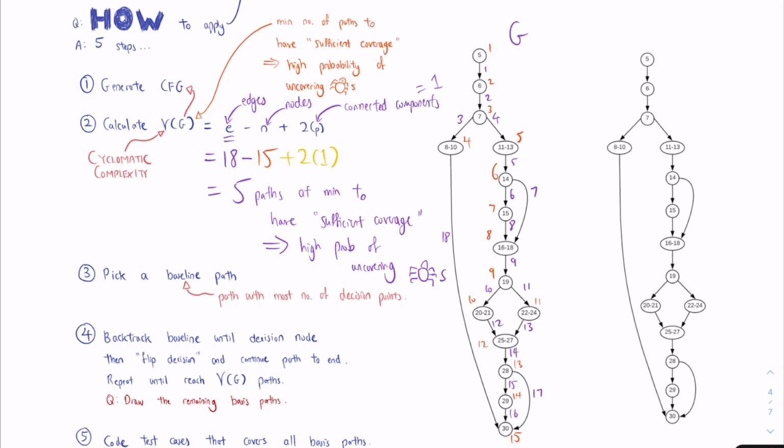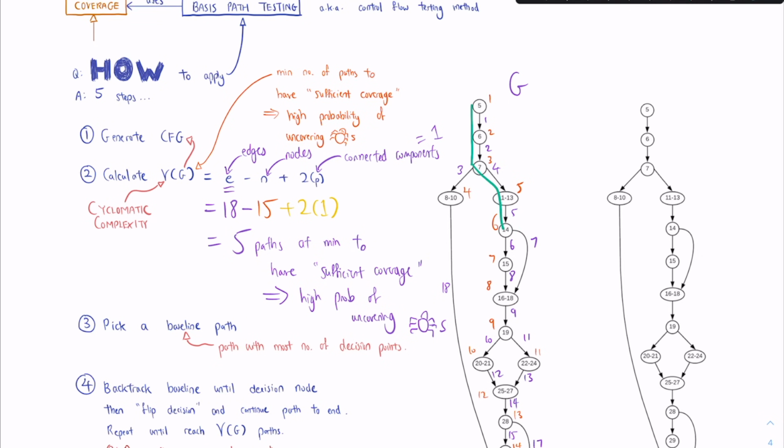For example, we can have this path starting from here. 7 is the decision point, so we choose the right side, because if we had gone through the left side, there are no more decision points and we would just hit the end over here. Then we go here, and 14 is another decision point, so we need to choose the one that goes through more decision points.